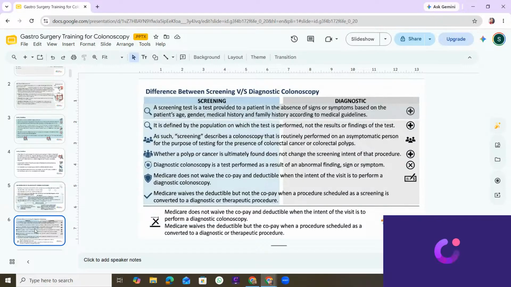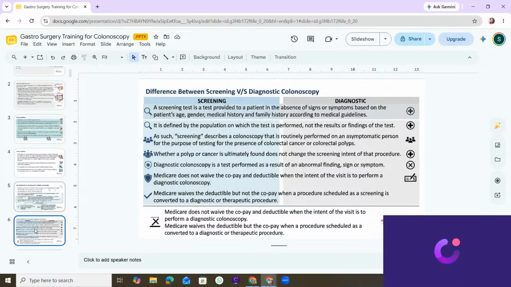A screening colonoscopy is routinely performed on an asymptomatic person for the purpose of testing for the presence of colorectal cancer or colorectal polyps. Whether a polyp or cancer is ultimately found does not change the screening intent of the procedure.